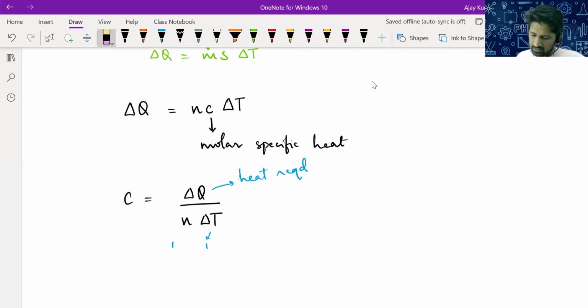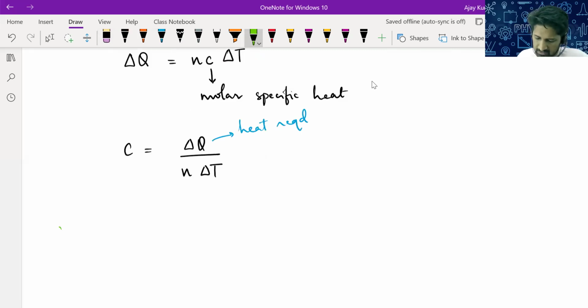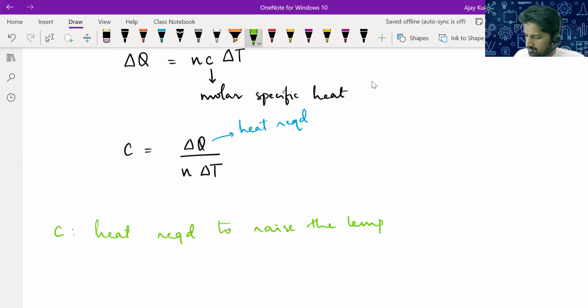So you can say molar specific heat C is basically the heat required to raise the temperature of 1 mole of a gas by 1 unit.